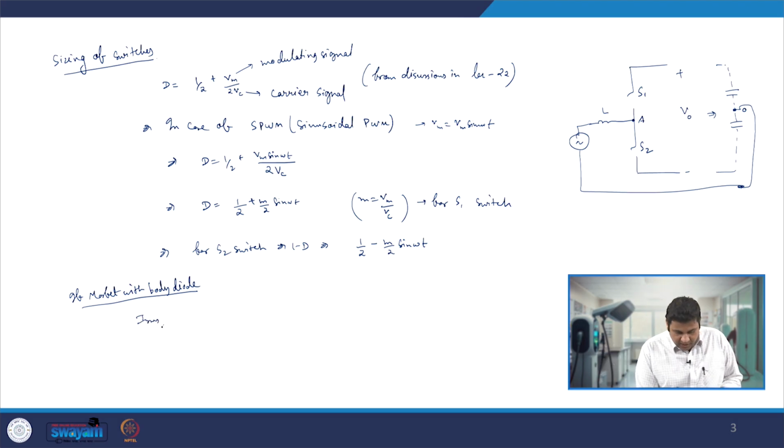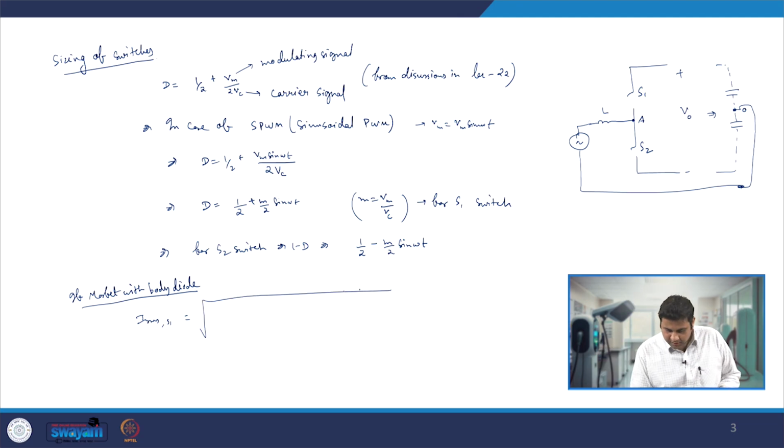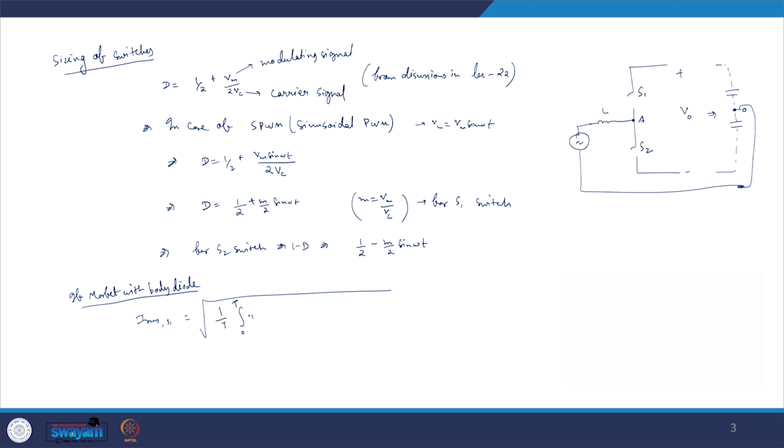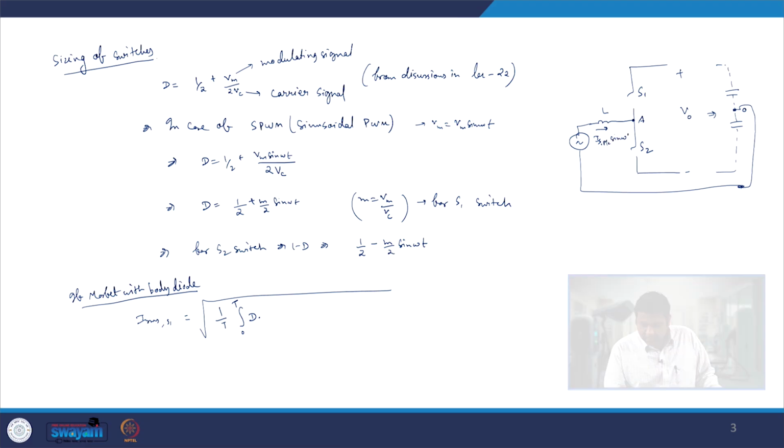So we can say IRMS of S1 is nothing but 1 by T, integral from 0 to T, of D times my current squared dt. We assume that the current drawn from the source is nothing but Is peak sin omega t, same as that of Va, which is Vs peak sin omega t, the A phase source voltage.